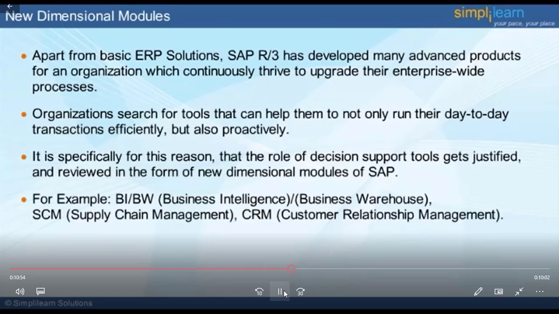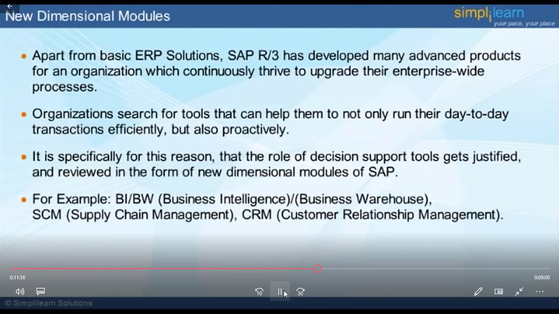For example, BIBW, Business Intelligence, Business Warehouse, SCM, Supply Chain Management, CRM, Customer Relationship Management, HCM, Human Capital Management, EHS, Environment Health and Safety, PLM, Product Lifecycle Management, APO, Advanced Planning Optimization, PS, Project System, PI, Process Integration, BO, Business Objects, SEM, Strategic Enterprise Management, SRM, Supplier Relationship Management, FSCM, Financial Supply Chain Management, GRC, Global Trade Services, BPC, Business Planning and Consolidation.